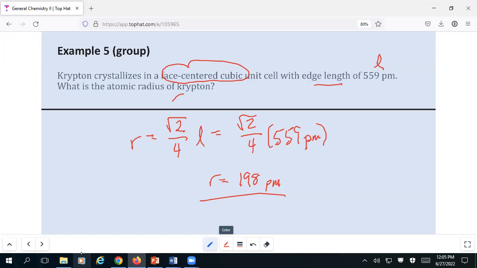Any questions with that one? Yeah. Not for this kind of a question, just because whatever you put in as the unit for the radius, or for the edge length for that matter, will come out on the other end as the same unit.